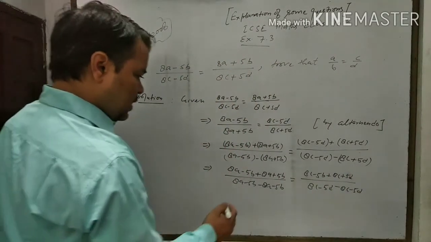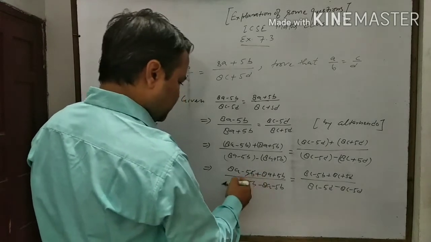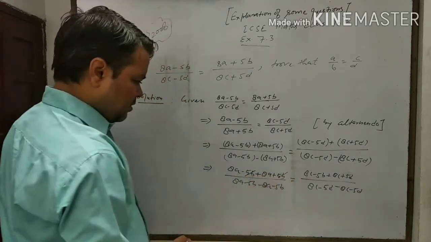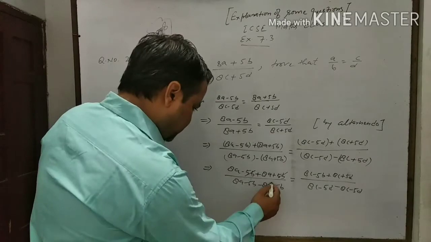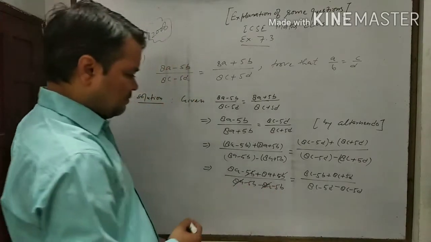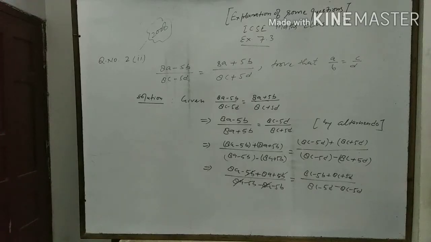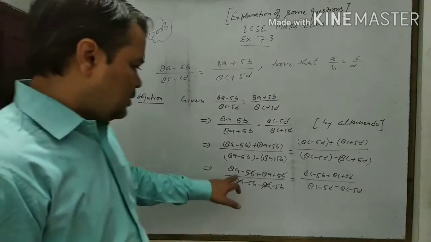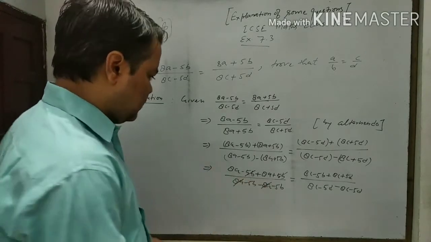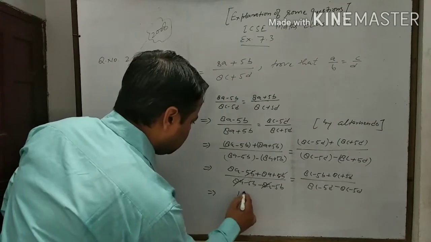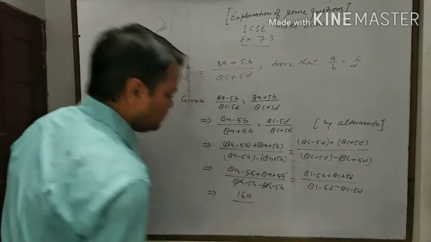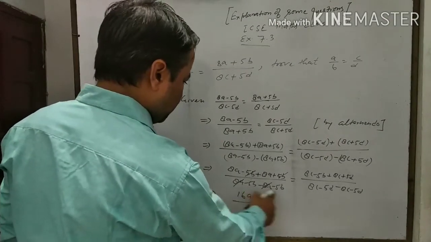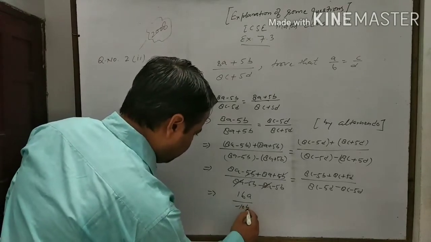Now here minus 5b plus 5b cancel, again minus 8a plus 8a cancel. Here 8a and 8a will be 16a upon minus 5b minus 5b, minus 10b.